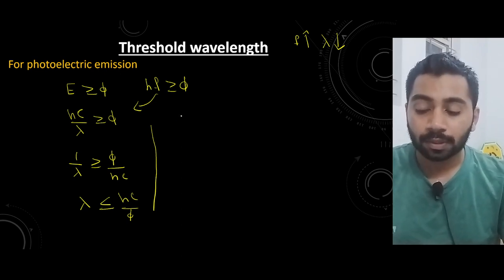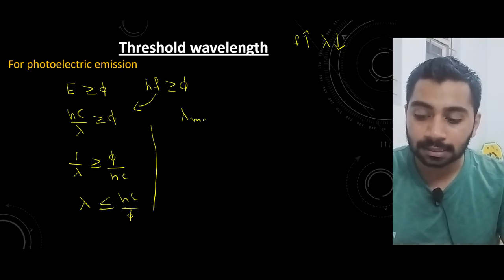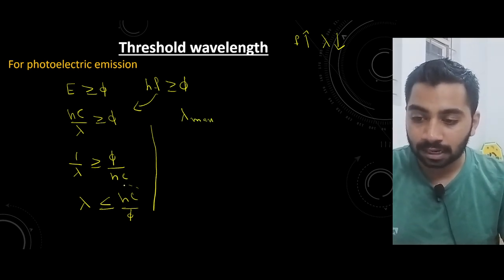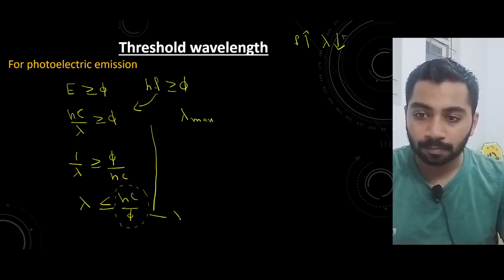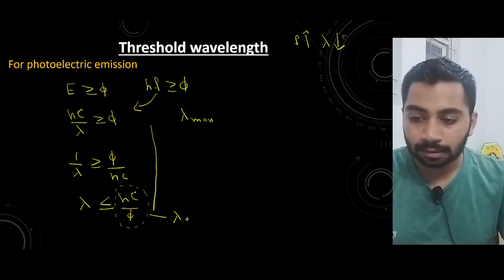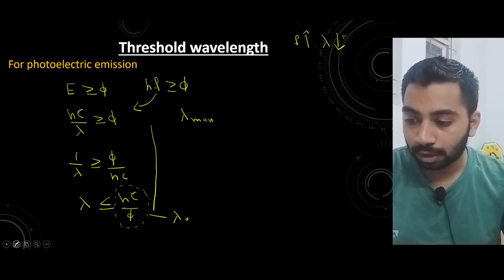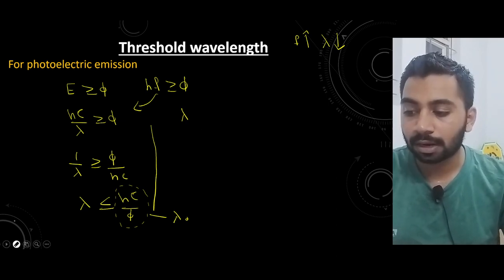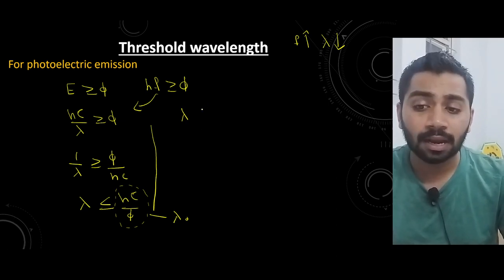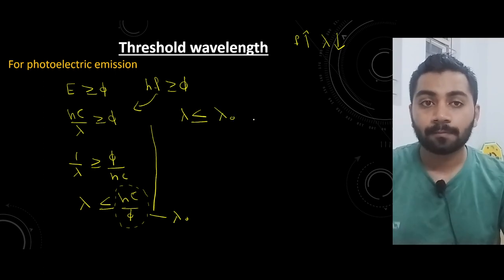Now by this can I say lambda max. See, this is your threshold wavelength, and your real wavelength is less than your threshold wavelength.